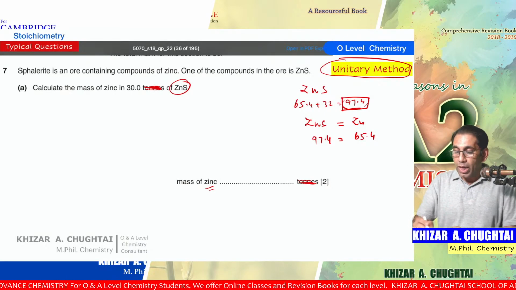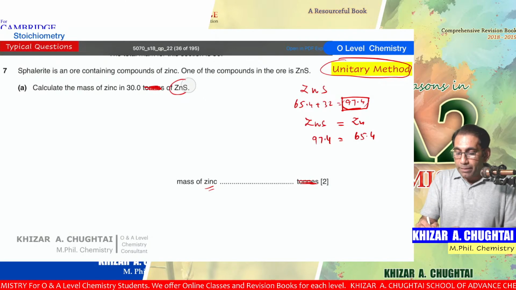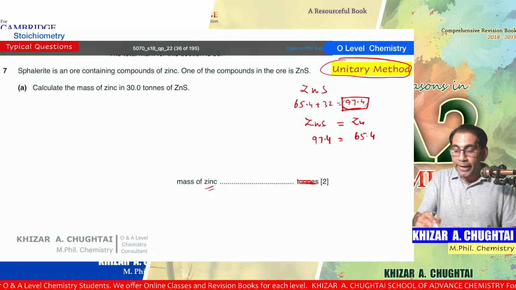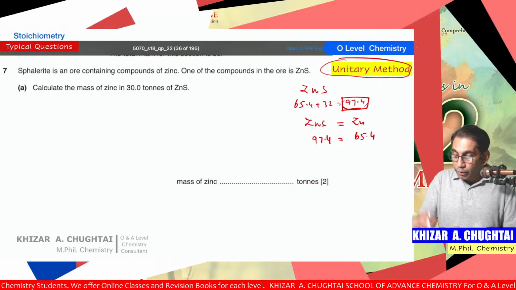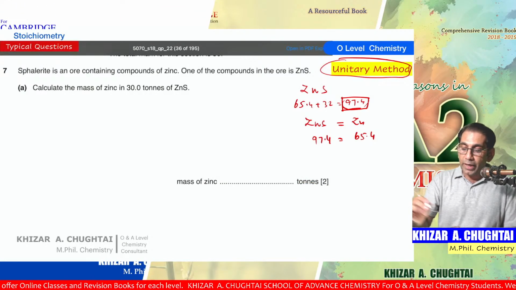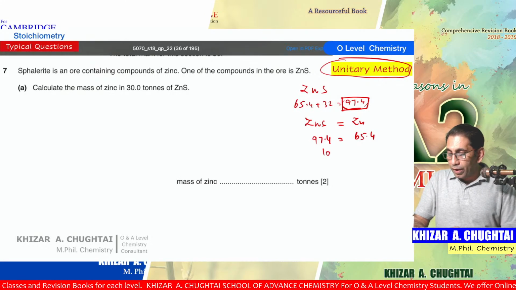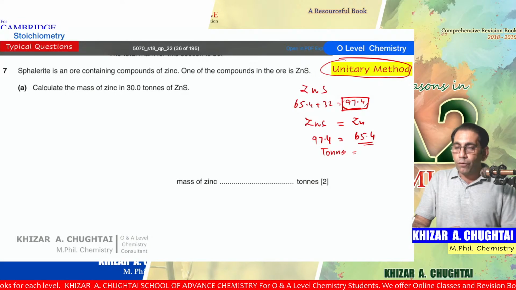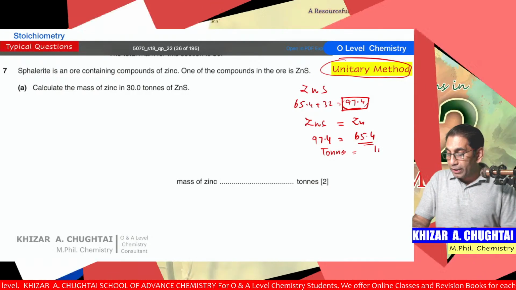But I can suppose them as tons. Yes, it is true. If I want to suppose them as tons, there is no need to convert into tons. Simply suppose that 97.4 tons are over here, that will be equal to 65.4 tons of zinc.